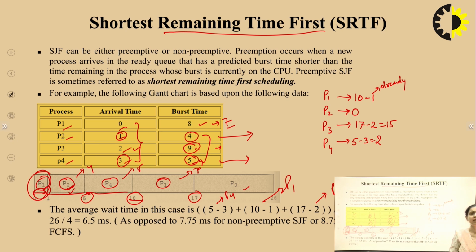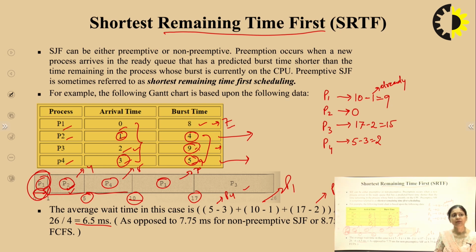So now when we are going to calculate the average waiting time, we'll add up all of them, 9 plus 0 plus 15 plus 2, and then we'll divide it by 4 in order to get 6.5 milliseconds as the average waiting time.